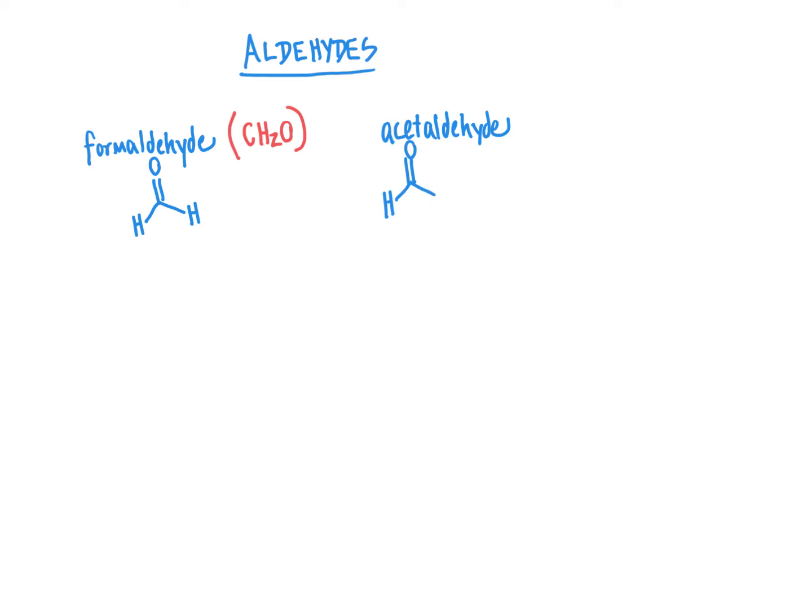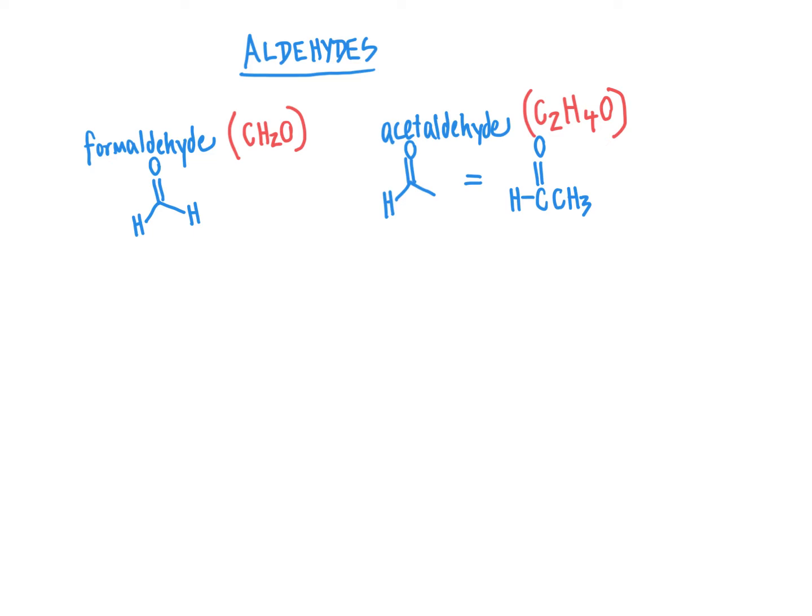So if we were to draw that out as a condensed structural formula, we could write it out something like this as our 2-carbon aldehyde molecule known as acetaldehyde with, to follow our trend here of writing out the molecular formulas for these, C2H4O as the formula for this particular molecule.